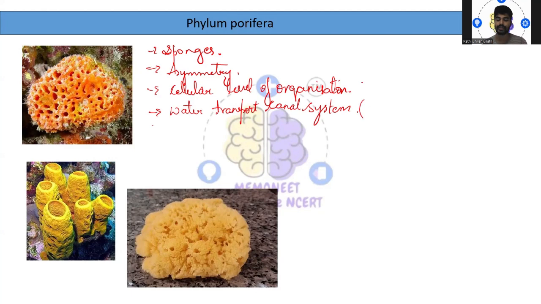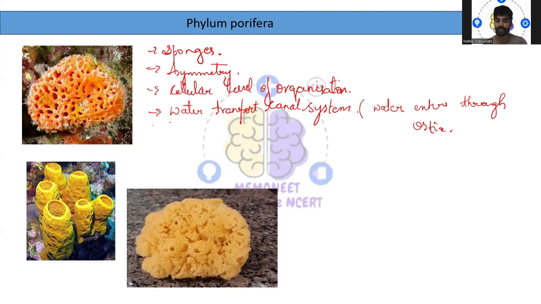Basically what happens is water enters through minute pores called ostia. So there will be minute pores here, and from these, water enters into the body of the sponges, or the body of the Porifera.